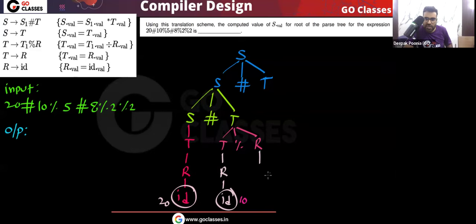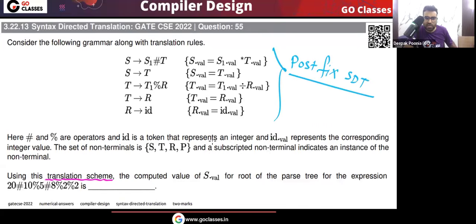Next, this R will go to id, and for this id, what is the lexical value? Because this id is the token written here. You can read that id is a token that represents an integer, and id dot value represents the corresponding integer value.